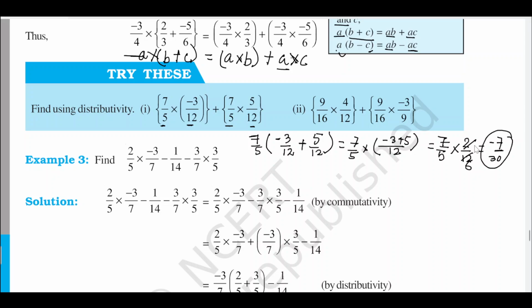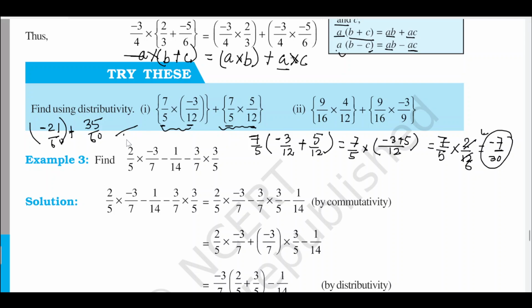If we had gone in just this way, it would not be that easy. However, we will find out whether this gives the same answer or not. So 7 by 5 into minus 3 by 12, nothing we can see common. So it is minus 21 by 60 plus, bracket close, 35 by 60.